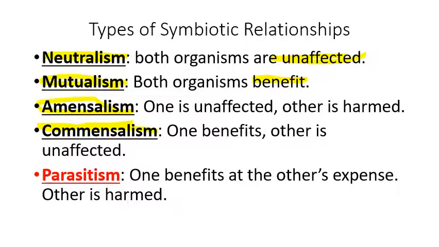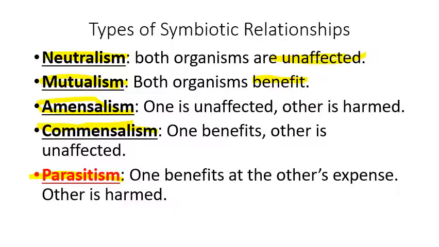Right? And then finally, parasitism. Parasitism is where you have a parasite living inside you. And parasitism is where one of the organisms, usually the bacteria, benefits at the expense of the other. So the other is harmed. Many of these pathogenic bacteria are usually parasites.